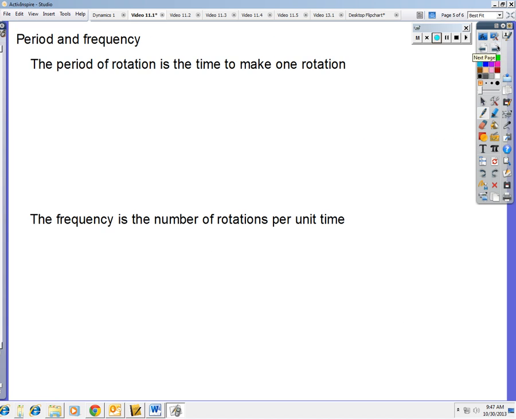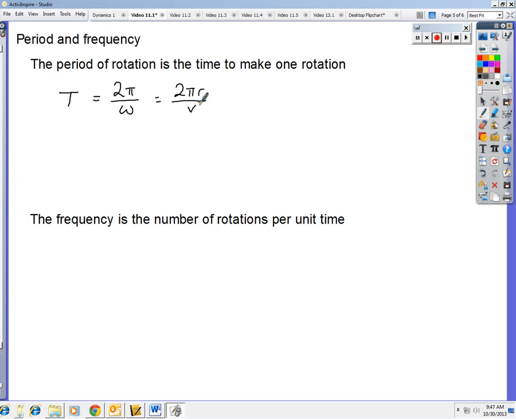Now, speeding through our definitions, we also have the idea of period and frequency. The period of rotation, usually given by a capital T, is the time to make one rotation. So that's going to be 2 pi over omega is one way of expressing it, or 2 pi r over v. There's a number of other ways.